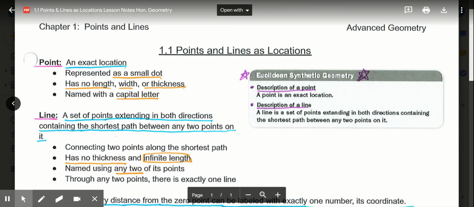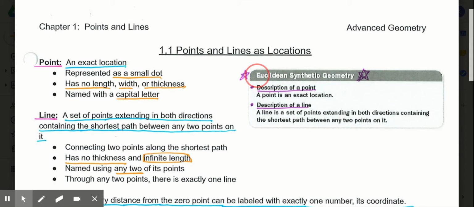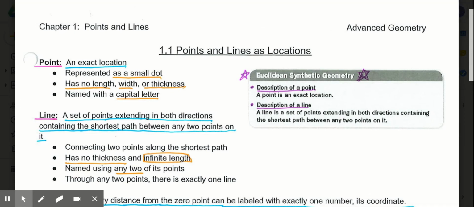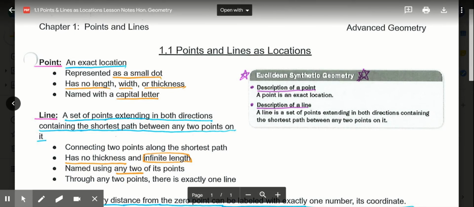So, starting with the first thing we're going to look at is right here. It didn't print very well, so my apologies, but that is Euclidean synthetic geometry. Euclidean, named after Euclid.